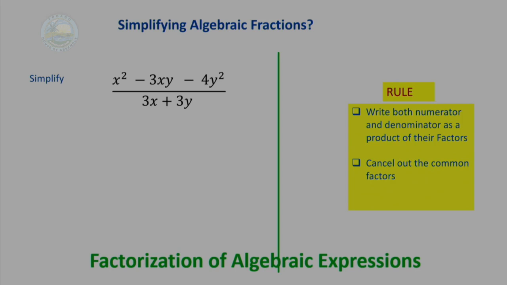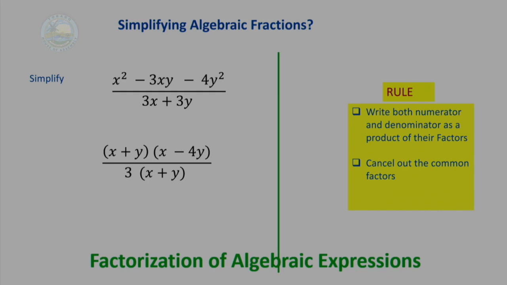Again, I reiterate, if you are not too familiar with the factorization of algebraic expressions, please check one of our previous videos. We did that especially for you. So factorizing the numerator and the denominator, what do we get? We get here that it is going to be x plus y multiplied by x minus 4y all upon 3 multiplied by x plus y.